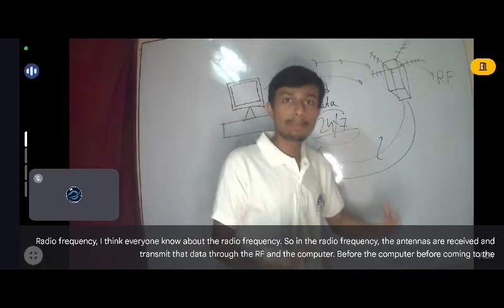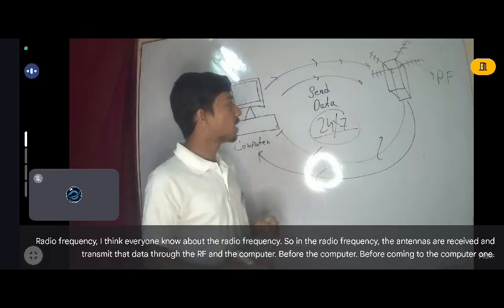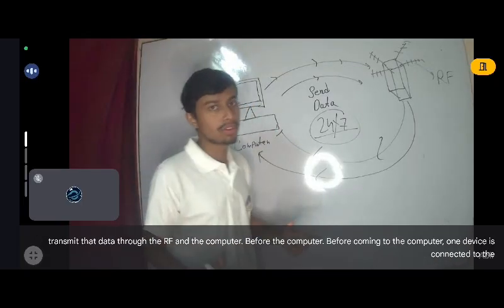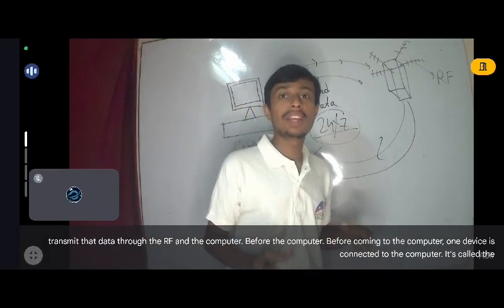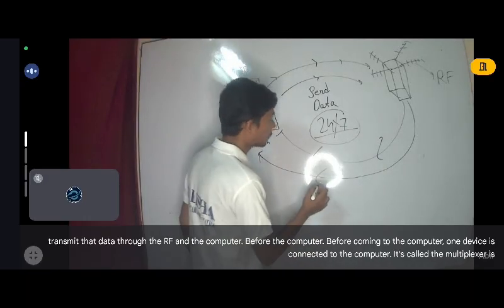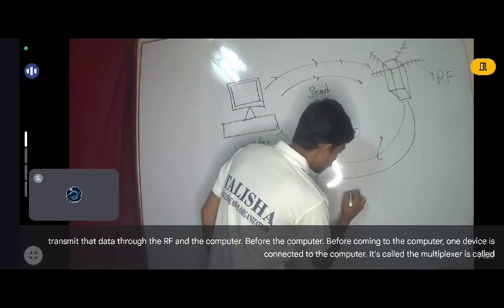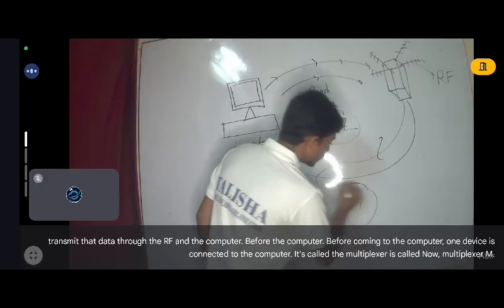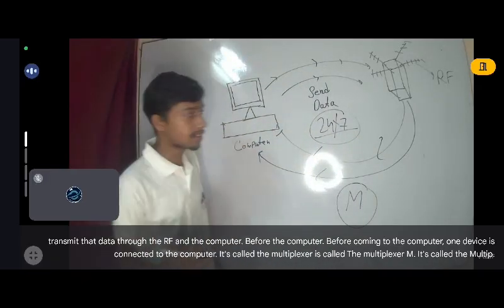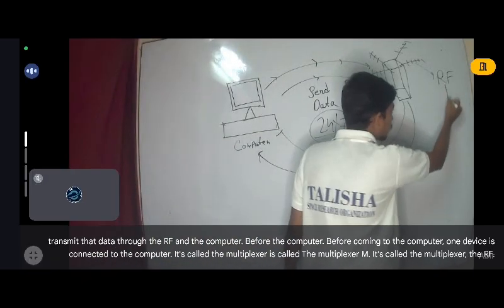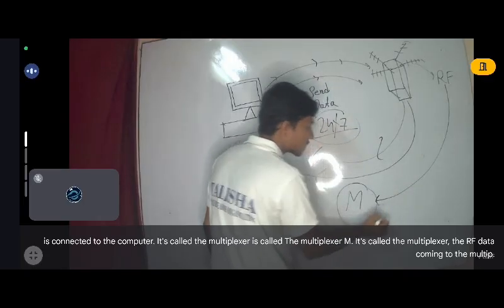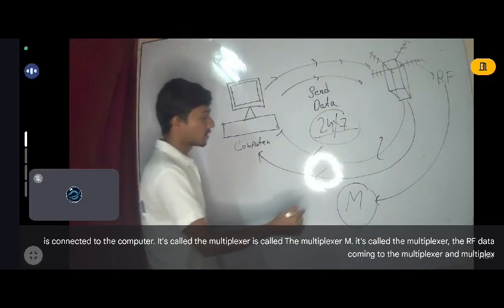Before coming to the computer, one device is connected to the computer. It's called the multiplexer. The RF data comes to the multiplexer.